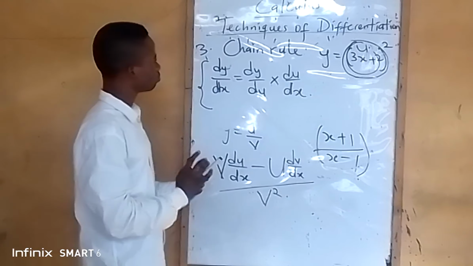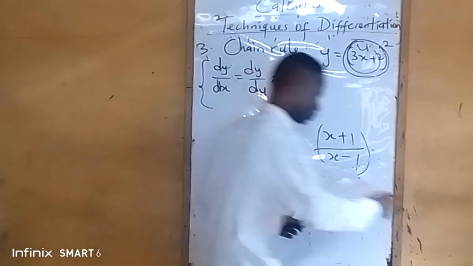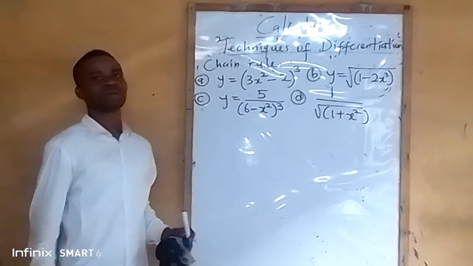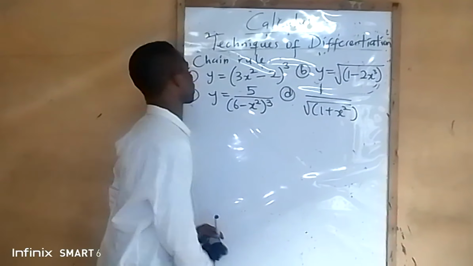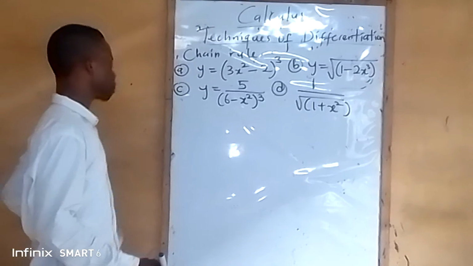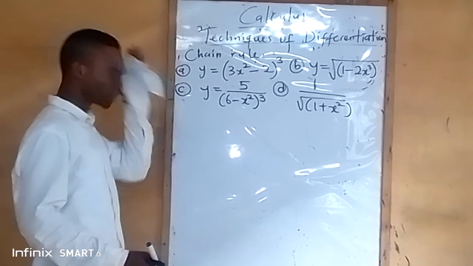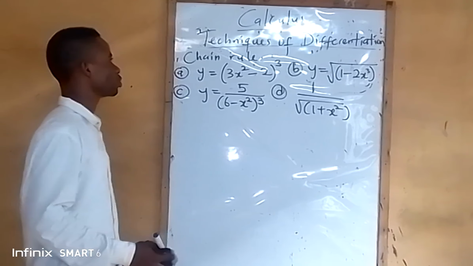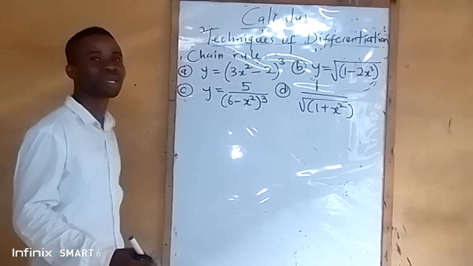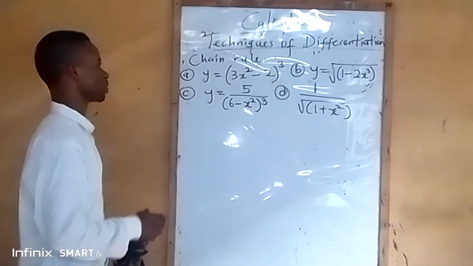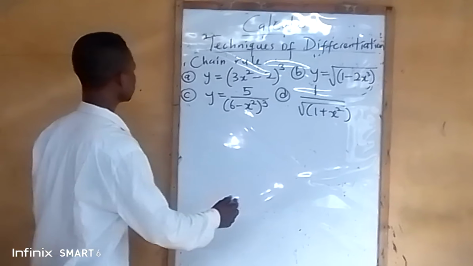Let's start one by one. Now, we would like to solve all these ones and many more under the chain rule. But let's start with all these simple ones first. I want us to have wider experience on how to use the chain rule. Now let's start picking them one after the other.